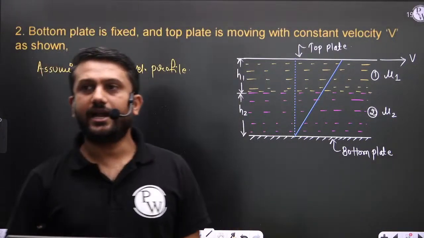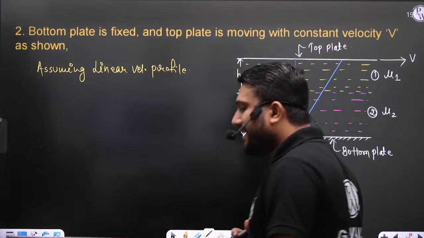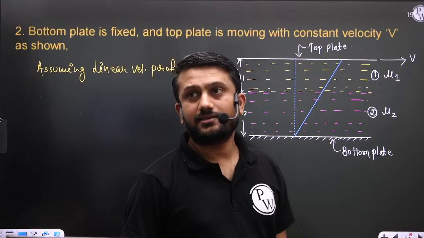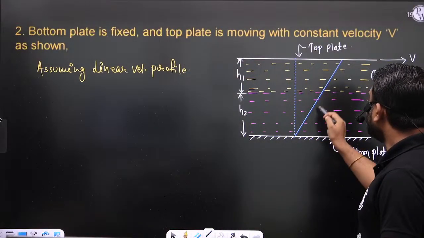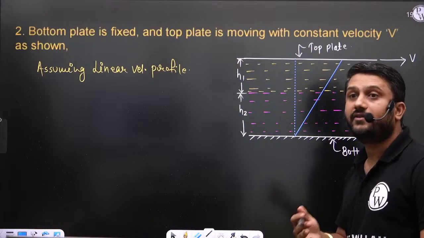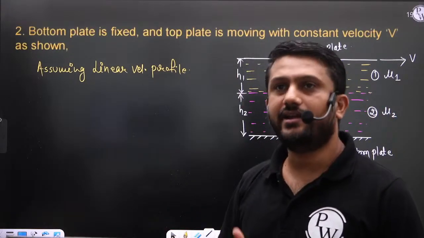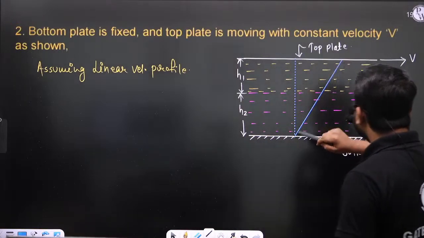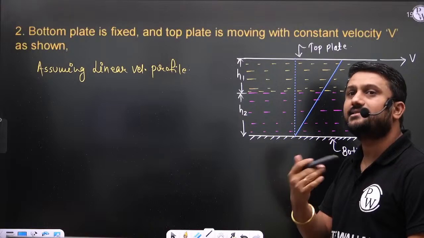Why? Because this fluid has a different viscosity and this fluid has a different viscosity. Since both fluids have different viscosity, that's why this line is not continuous. This line is a discontinuous line.